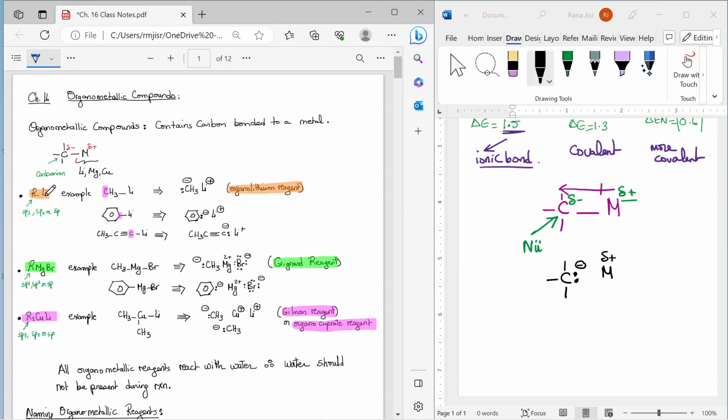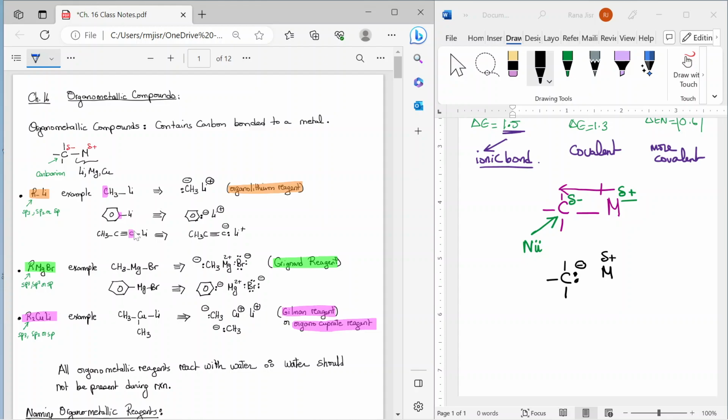In all of these organometallic compounds, the carbon is always a negative charge. And the carbon can be sp3, sp2, or sp. This makes these reactions very important because I can vary the hybridization of the carbon.